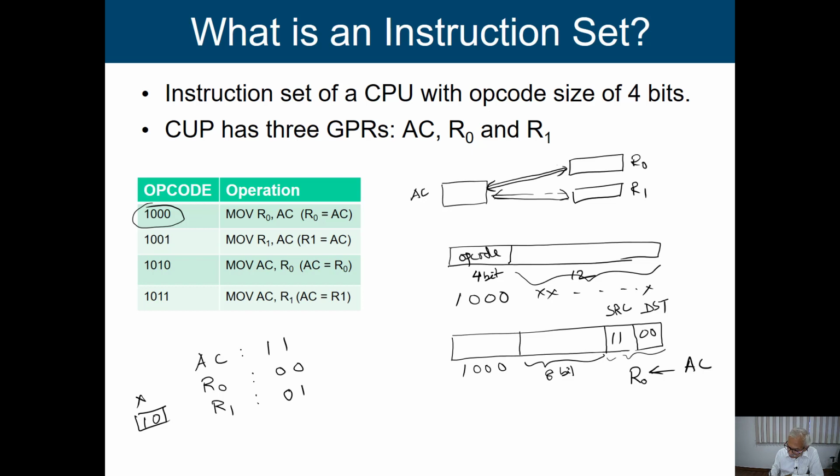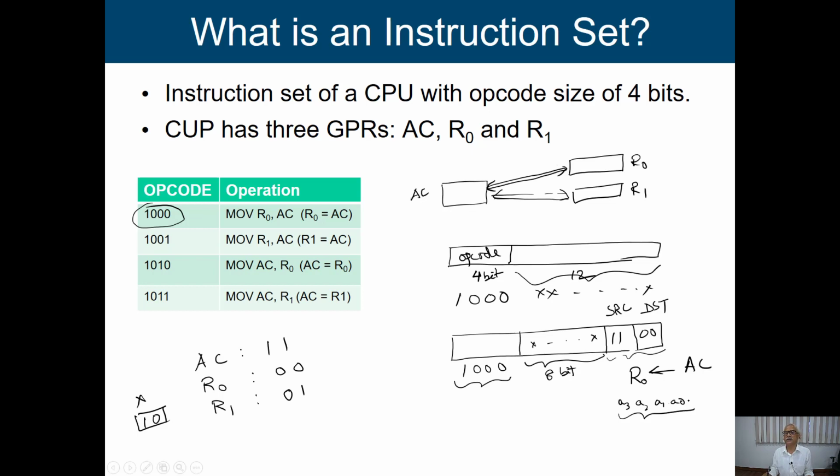So you just see, when we get this particular opcode 1000, then we are going to look at these 4 bits. Maybe these are S0, or I can say this is your A0, A1, A2, A3.